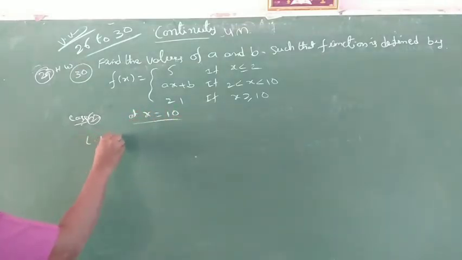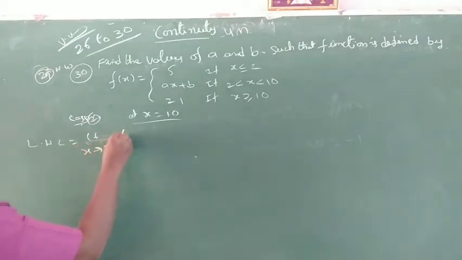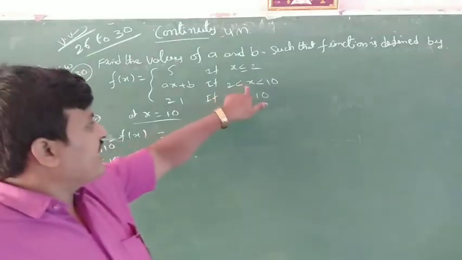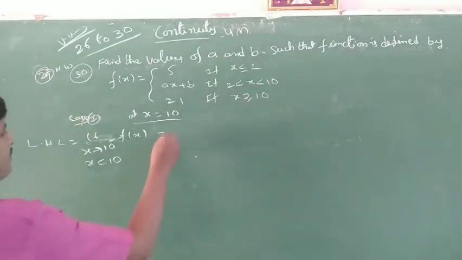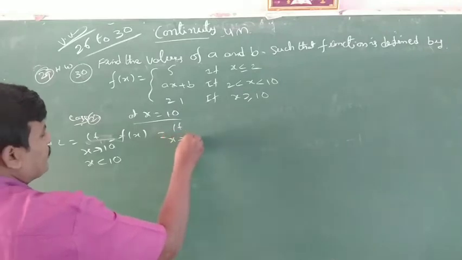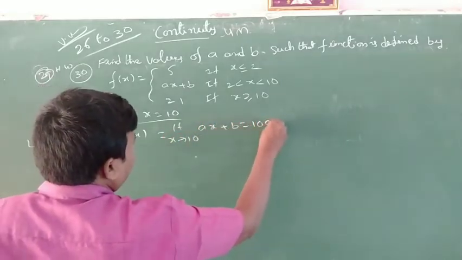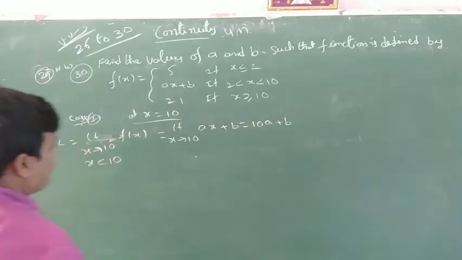LHL is equal to the limit as x tends to 10 minus. 10 minus means x less than 10. For x less than 10, which function? Ax plus b. The limit as x tends to 10 of ax plus b is equal to 10a plus b.